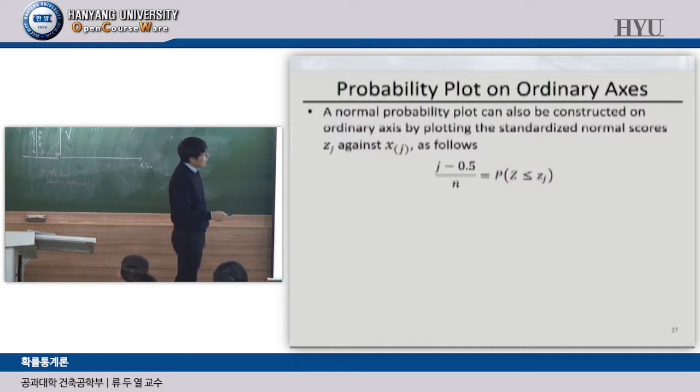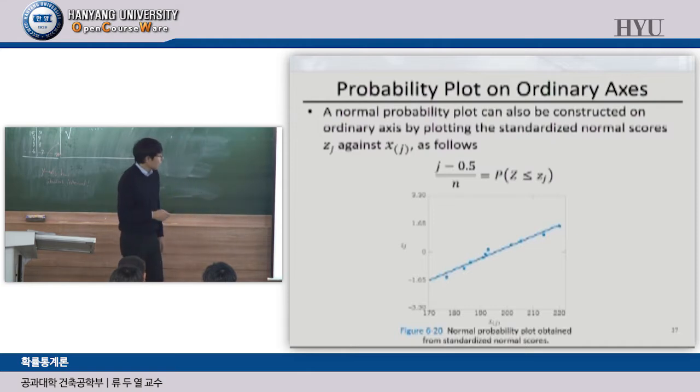And if we provide this equation, this is equal to the probability that Z, the standard normal random variable, is lower than or equal to zj. And we can calculate this value very easily, right? Since this is the standard normal distribution, we can use the appendix table. Then we can simply obtain zj. Okay?